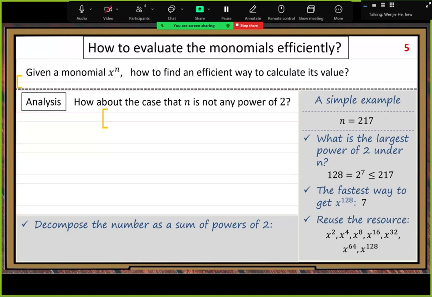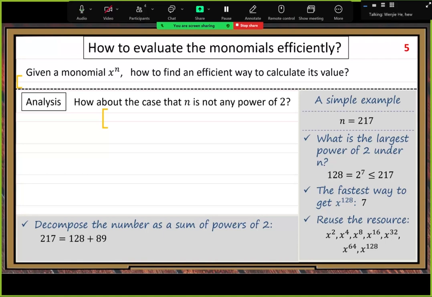Now, decompose the number 217 as a sum of powers of 2. First split, 217 equals 128 plus 89. The first number is already a power of 2, but the second number is not. So we need to split the second number again and try to get the largest power of 2 less than or equal to 89.